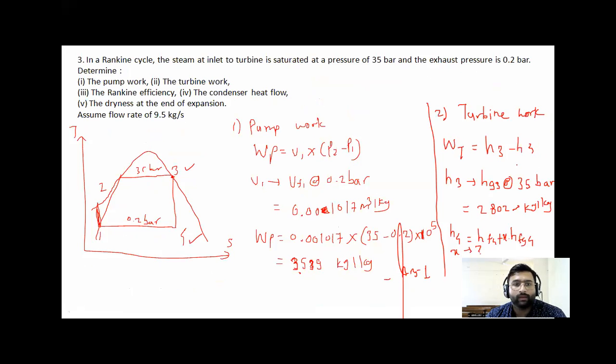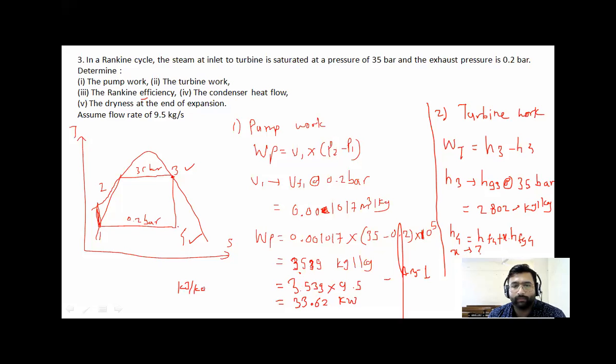Okay, turbine work calculated, pump work calculated. Here they have given you the mass flow rate. If you want to calculate this in kilowatt, you can. Pump work is 3.539 into mass flow rate, that is 9.5. This will be in kilowatt. Why?